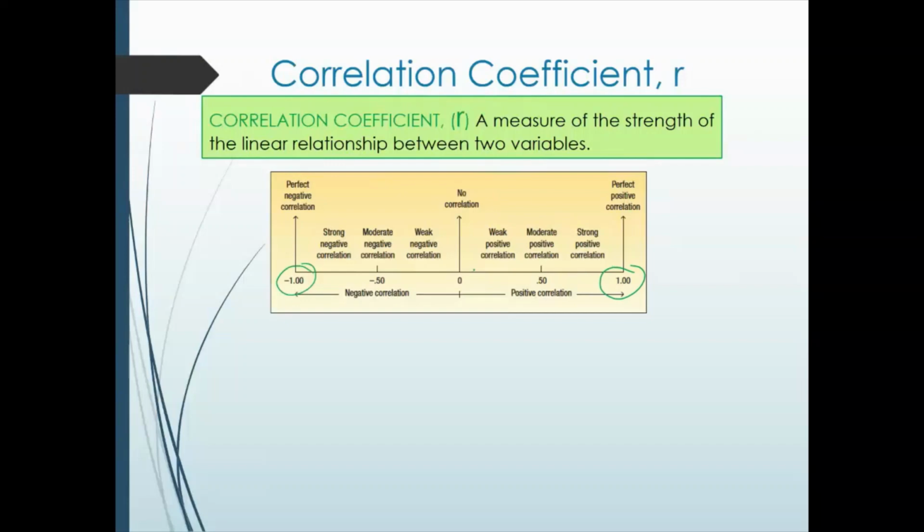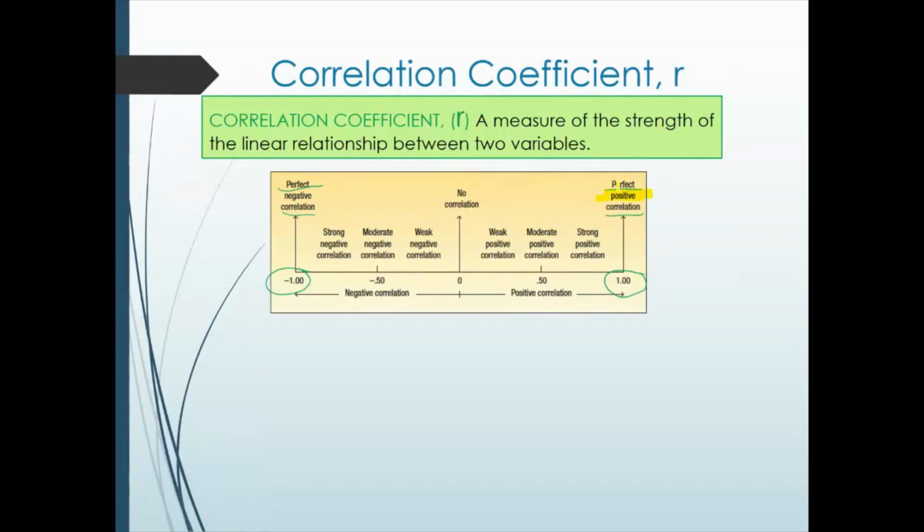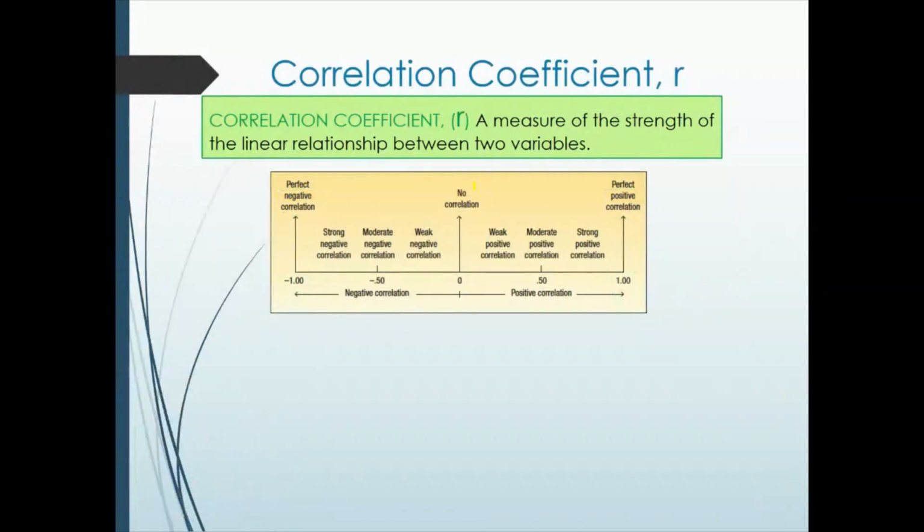When you get a coefficient of correlation of -1 or +1, it means perfect correlation, but one will be a positive perfect correlation and the other a negative perfect correlation. Again, 0 means no correlation.